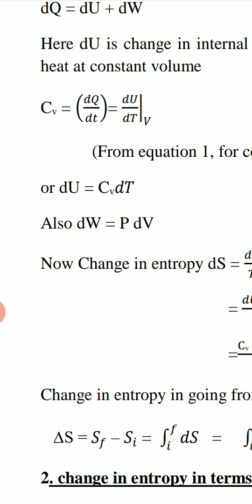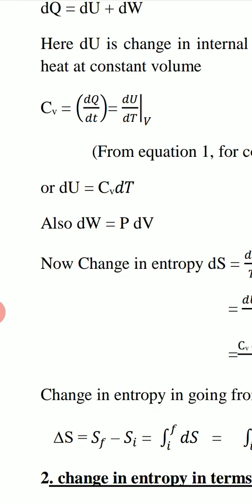This definition of molar specific heat comes from the definition of specific heat, and definition of specific heat C comes from the relation dq equal to mc dT. If we consider a substance of mass m and we want to raise its temperature by dT, then heat required for it is dq equal to mc dT.